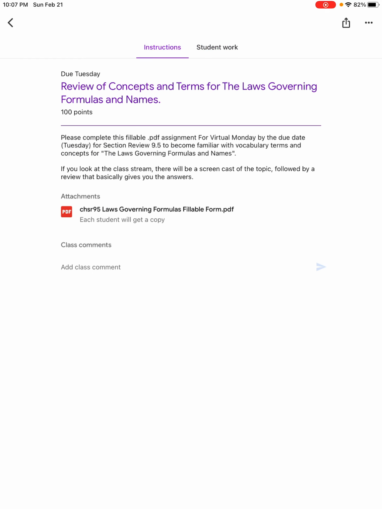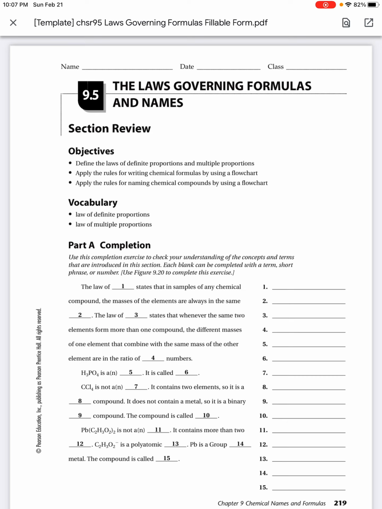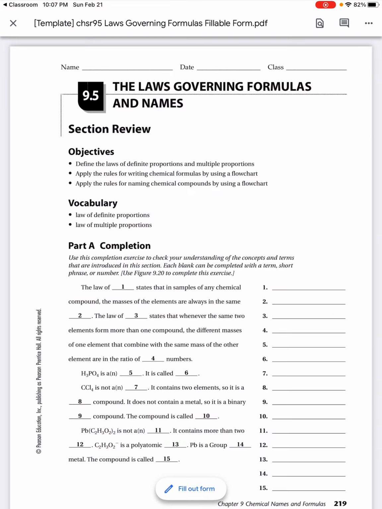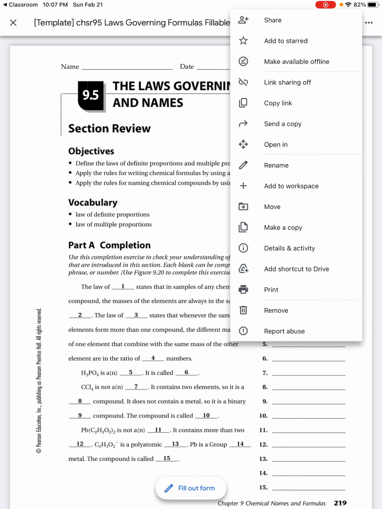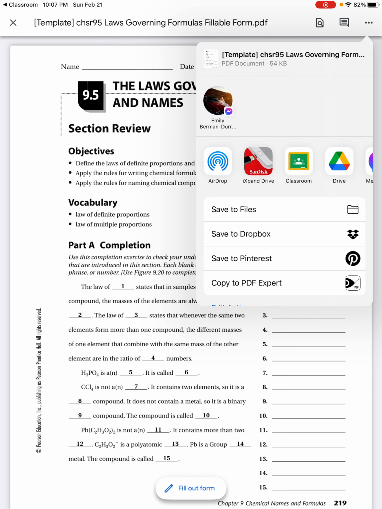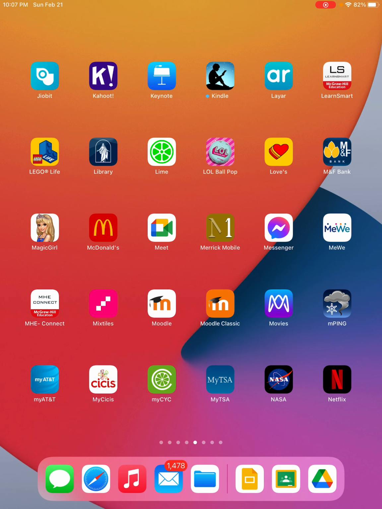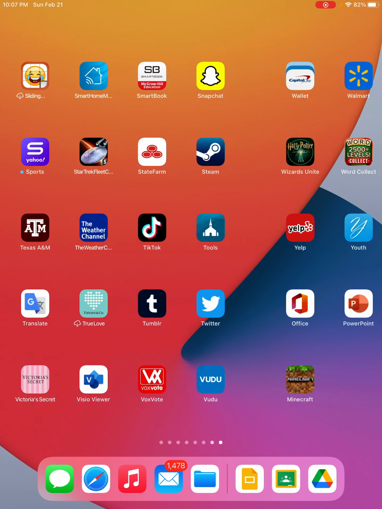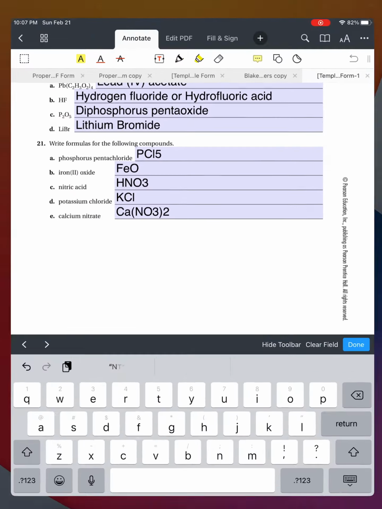And here it is, and it looks like this. If you save it, or open in a new window first, then you can open it in a different program. What I've done is open it in a program that allows me to edit my PDF.